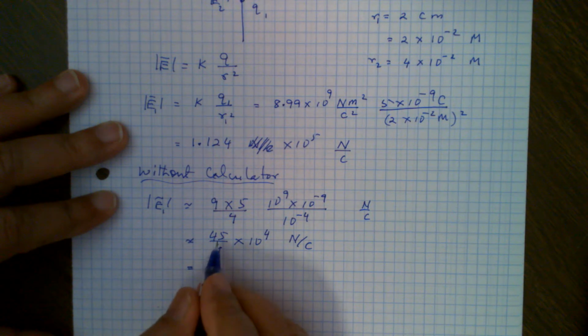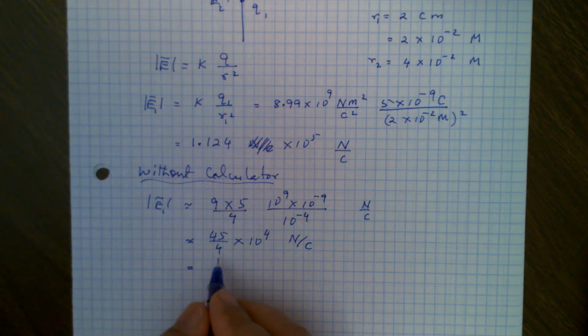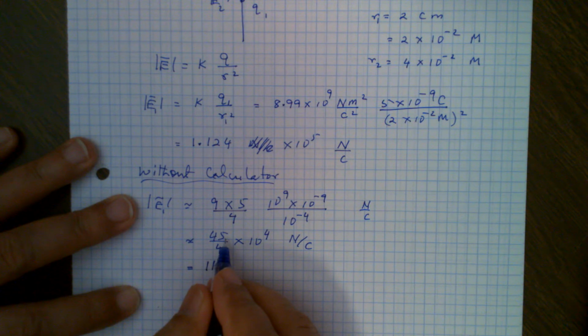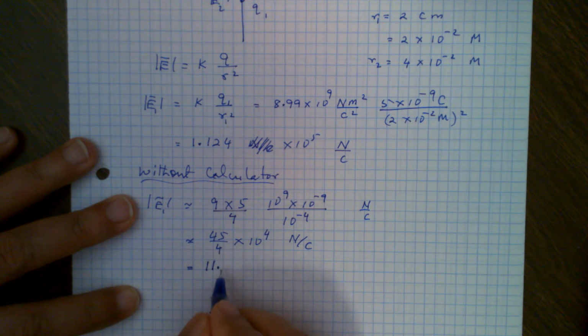So what is that? Well, you can divide 45 by 4. 4 goes into 4 one time, so 1 left over. So if you put a decimal, then you divide 10 by 4, so that's 2, right?